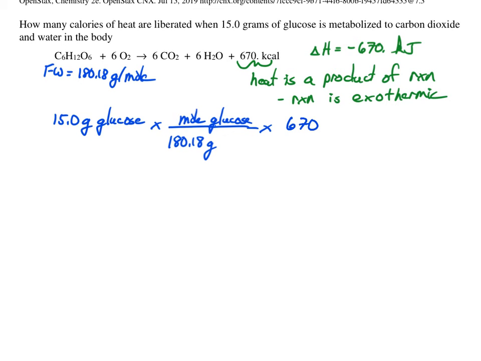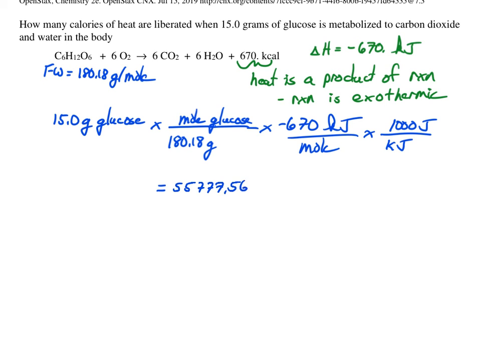Okay, we have 870 kilojoules per mole that's going to be released, and we can convert that to joules by multiplying by 1,000. So the amount of heat that's associated with this, our calculator answer, 55777.56 kilojoules.